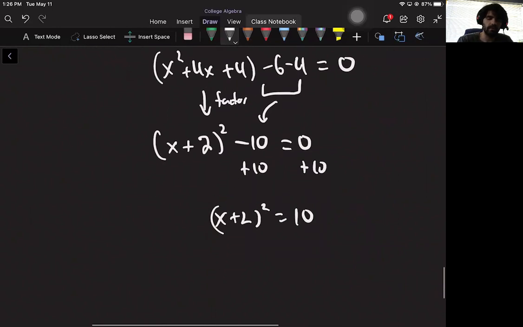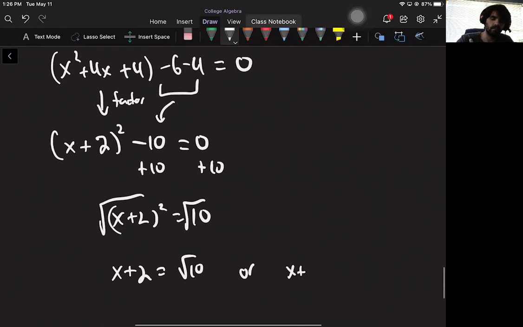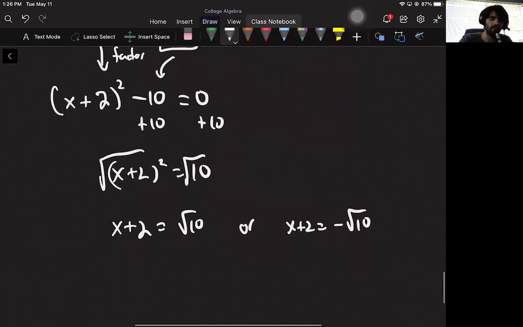And then I can solve for x by square rooting both sides, just like I did up there. And I get 2 answers because this becomes a plus or minus. And now I have my 2 answers by just subtracting 2.